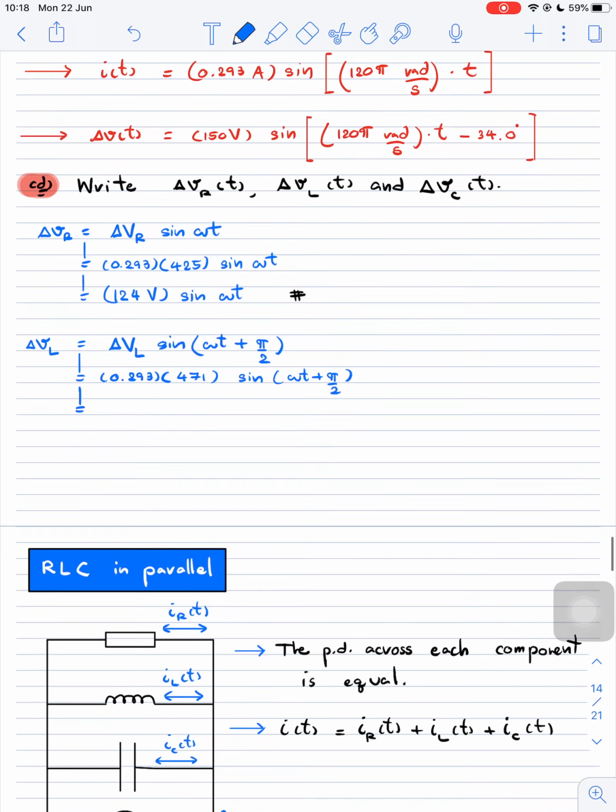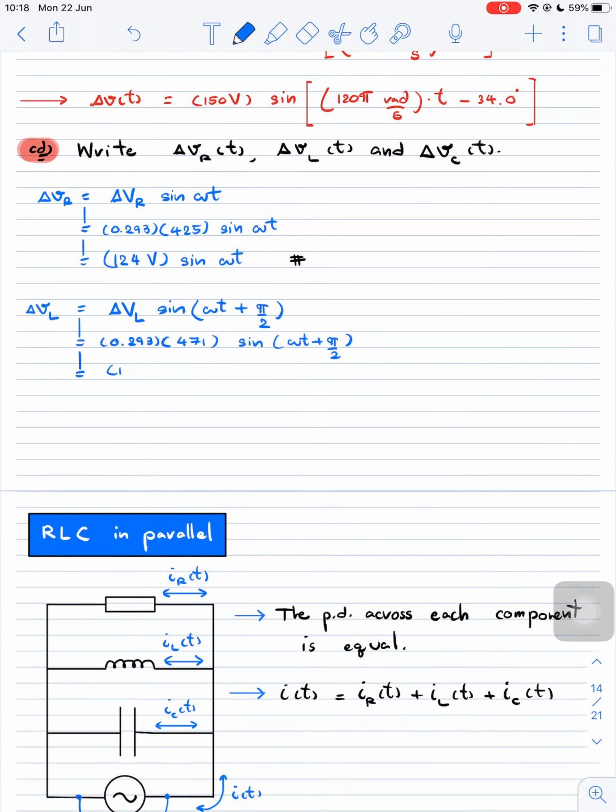So finally we get 138 volts times the sine of omega t plus pi half.